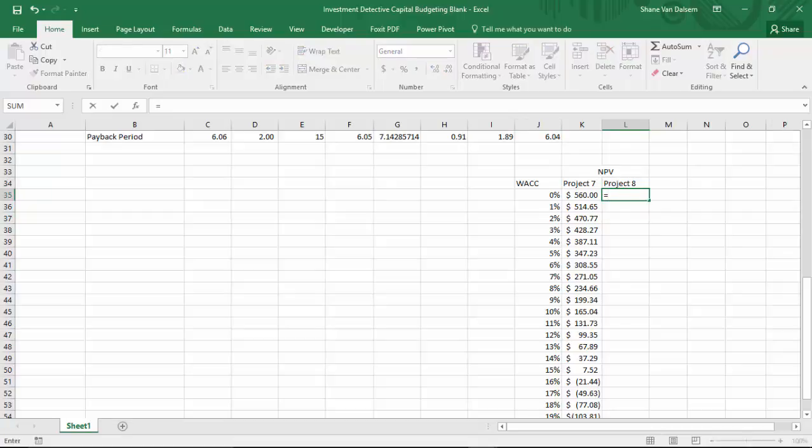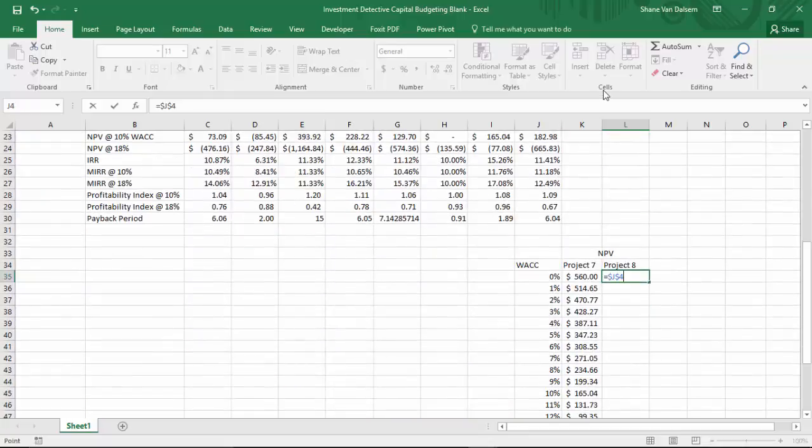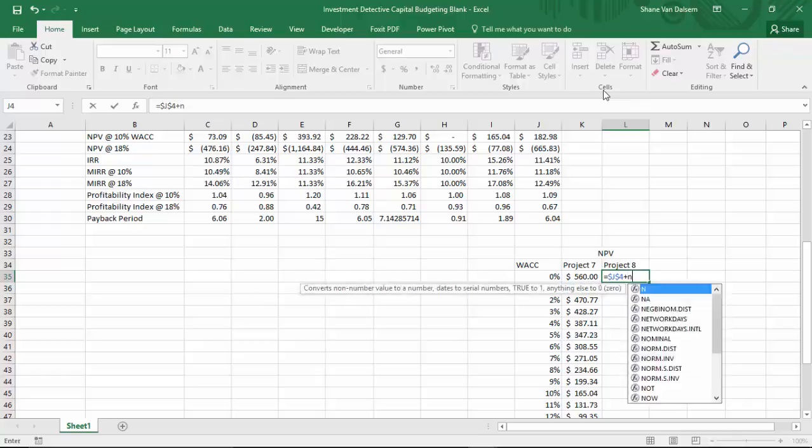I'm going to highlight the initial cash outflow and then again press F4 plus NPV.